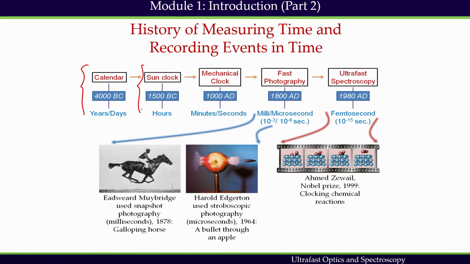The sun clock was developed. These early developments permitted us to record yearly and hourly activities, events with the help of our eyes.